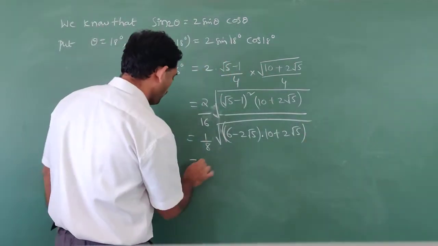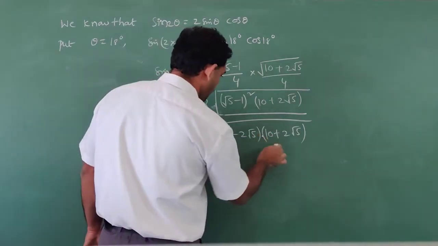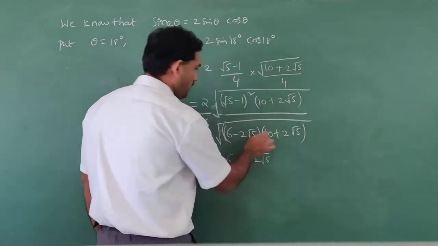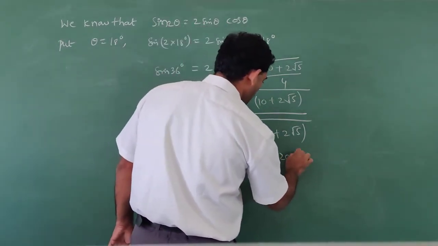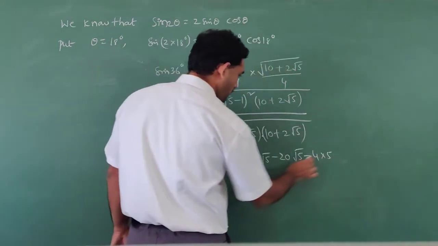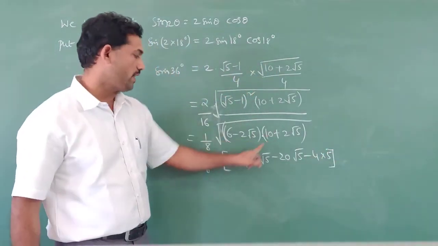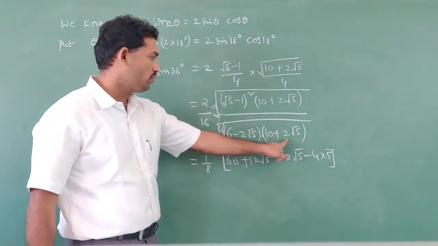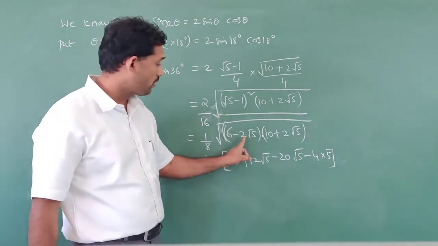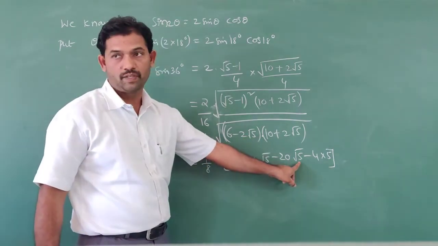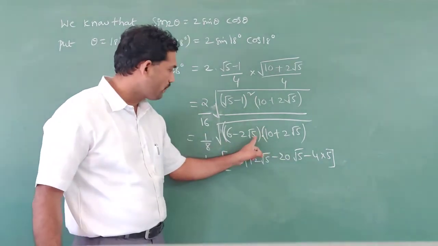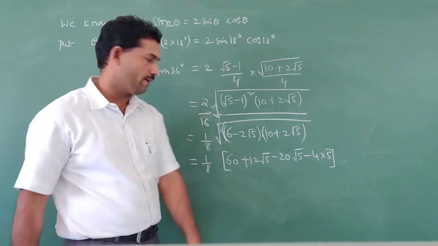Again 1 by 2, these two multiply 60. Next 12 root 5. Next minus 20 root 5, plus minus 4 into 5. See that simplification. 6 into 10 60. 6 into 2 root 5 12 root 5. Next minus 2 into root 5, so minus 2 into 10 minus 20 root 5. Again minus into plus, minus 2 into 2, 4 root 5 into root 5, 5, 4 into 5.